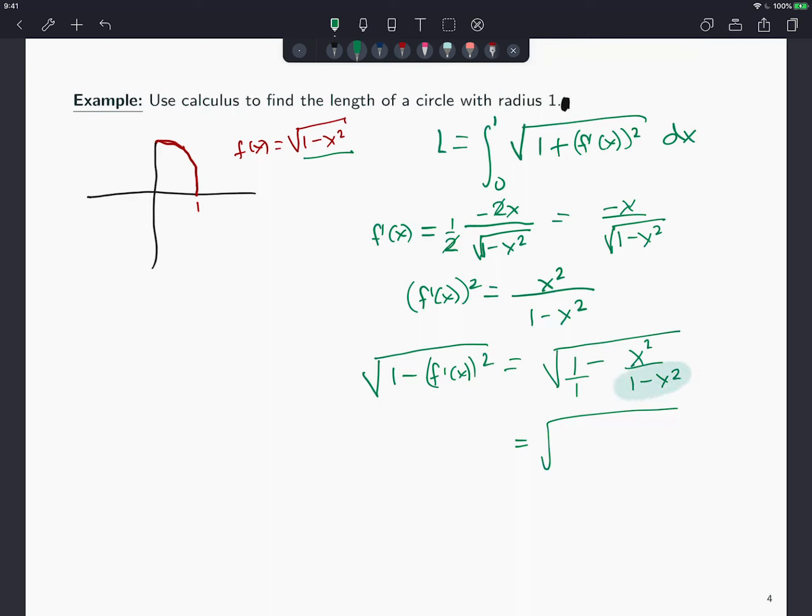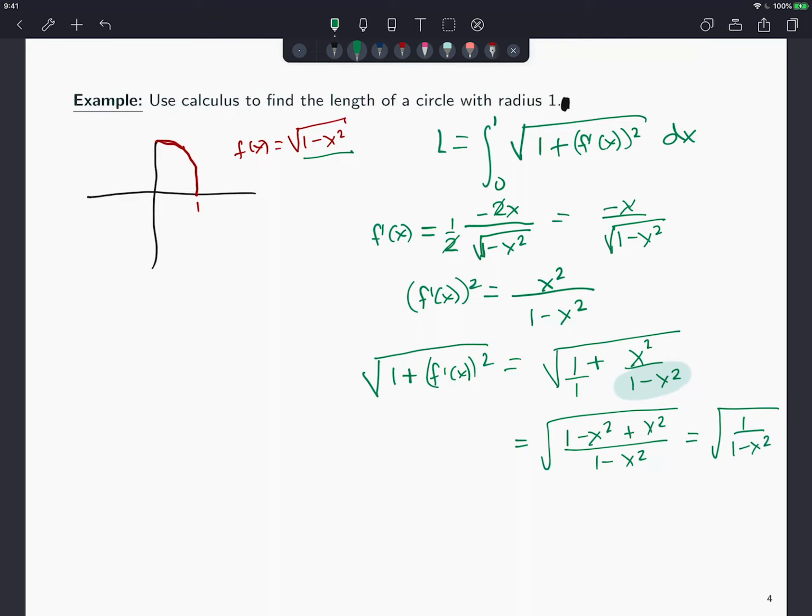So I'm going to get 1 minus x squared. Sorry, I put a minus here, and it's not minus, it's a plus. If not, that wouldn't have worked. There you go. Plus x squared over 1 minus x squared. There you go. The x squareds cancel, and I really get 1 over 1 minus x squared.